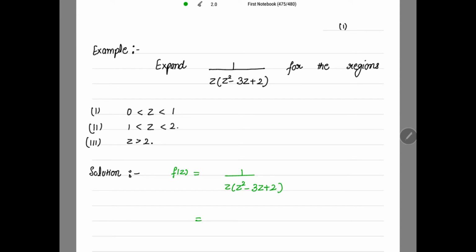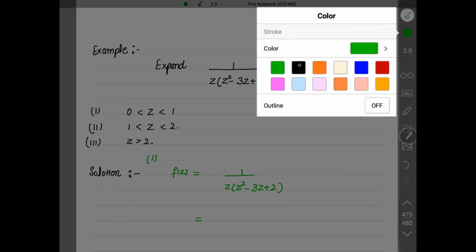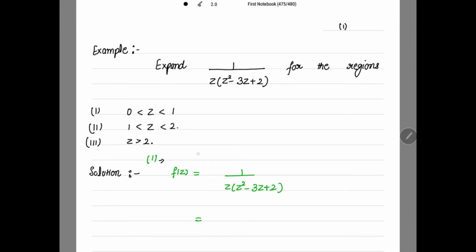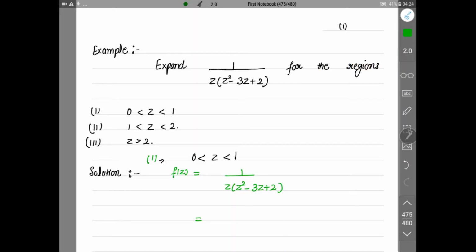First one is z lying between 0 and 1. So we start from here. For the first, we have z lying between 0 and 1, right? And f(z) is given to be 1 over z into z square minus 3z plus 2.